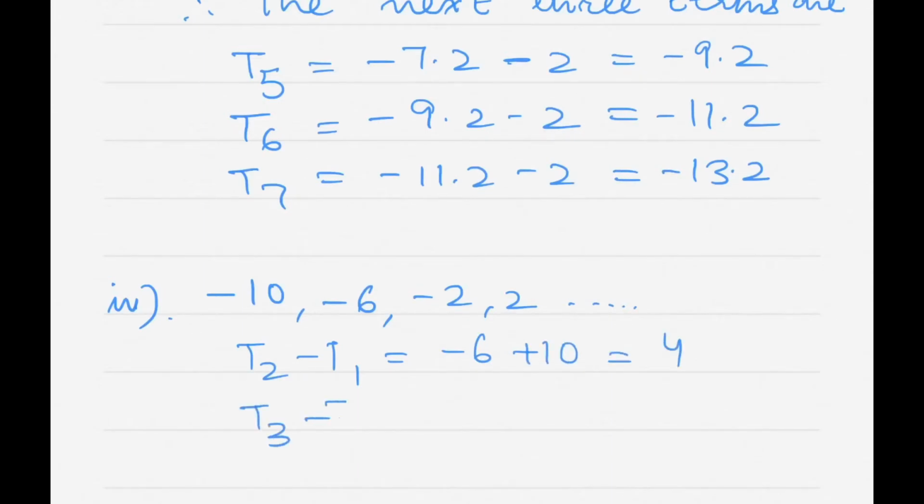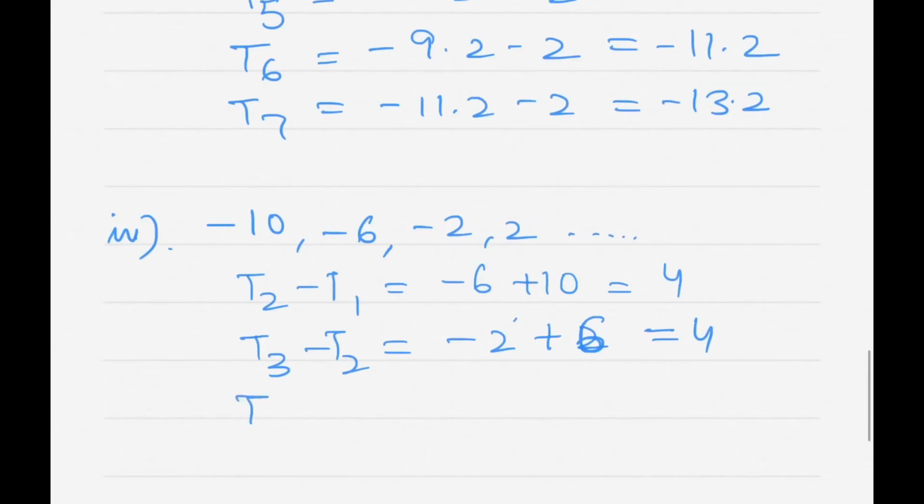T3 minus T2: third is minus 2 and plus 6 here, so this will give me 4. T4 minus T3 will give me how much now? Fourth term is 2, minus becomes plus 2, so this will also give me 4.